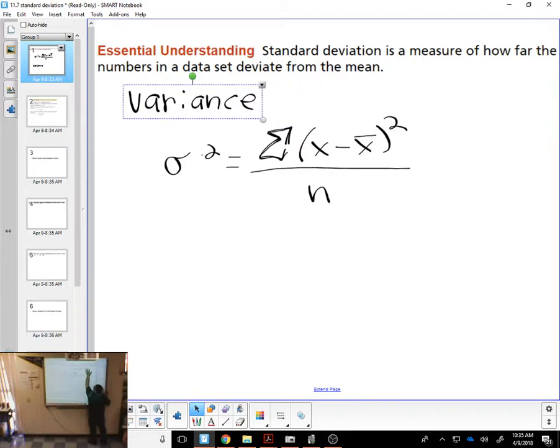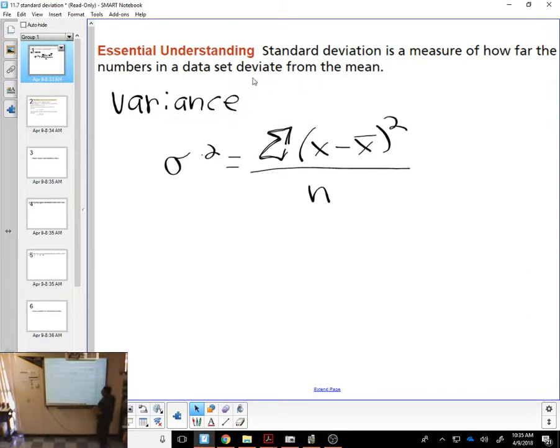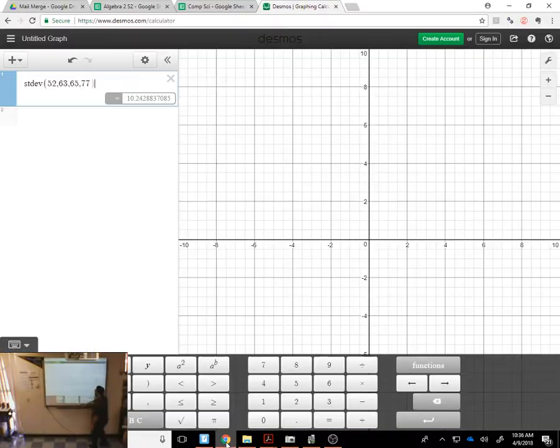Why is this board all weird? Is that an R in the beginning? Variance. V-A-R-I-A-N-C-E. No, is that R squared? X minus X bar squared. It's X minus X bar. It's X with a bar above it. She's talking about before. This? No. This? No, on the other side of the equation. This? Yeah. That's a sigma. That is the Greek letter sigma.